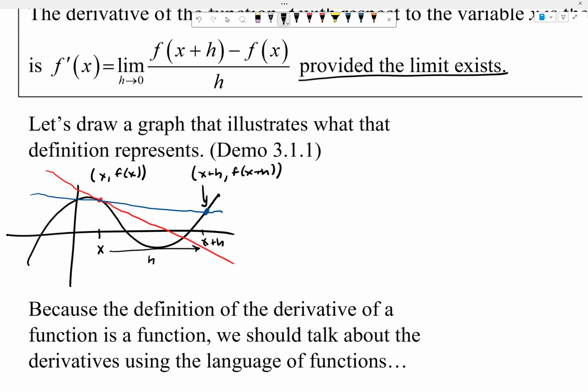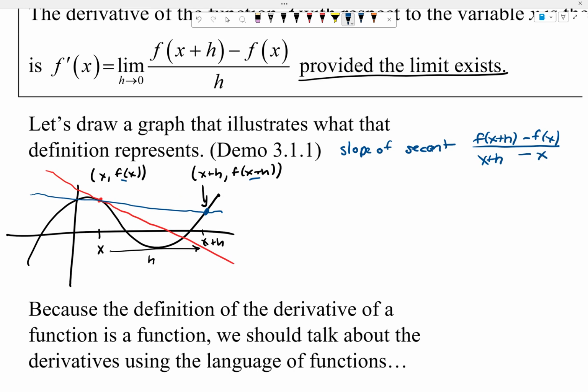Now, if I want to find the slope of the secant line, I would look at the differences in those two y values, f of x plus h and f of x, and divide it by the differences in the x values. x plus h is one x value, and x is the other x value.